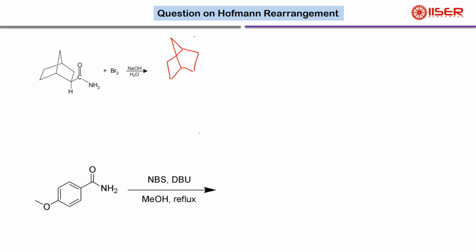So the remaining part, the R group, if you draw it through a mechanism, just for the first one I am doing the mechanism. So it goes via this.